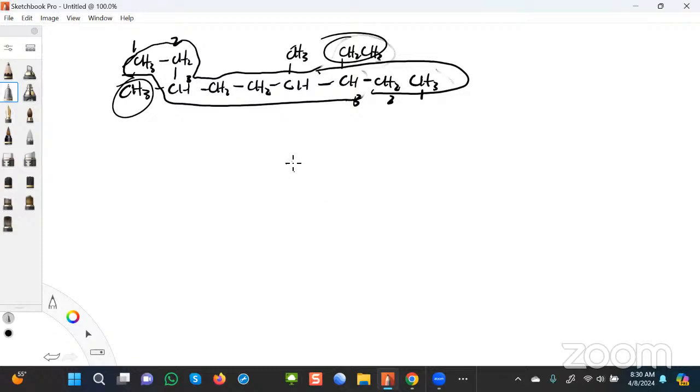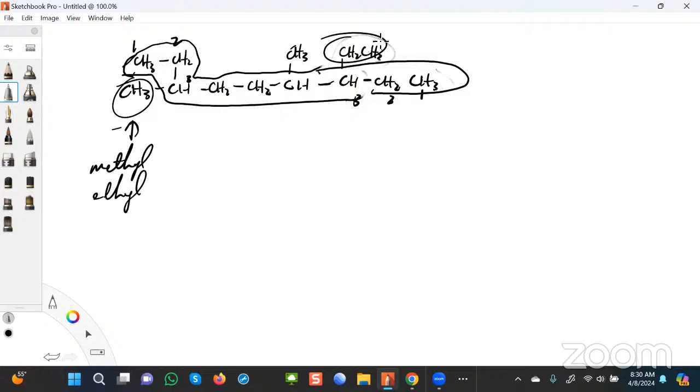So basically, according to the rules, we go alphabetically again. If you have a situation where one group is just as close to one end as the other group is to the other end, then we look at the names of those two groups. This is the methyl group, and this is the ethyl group.